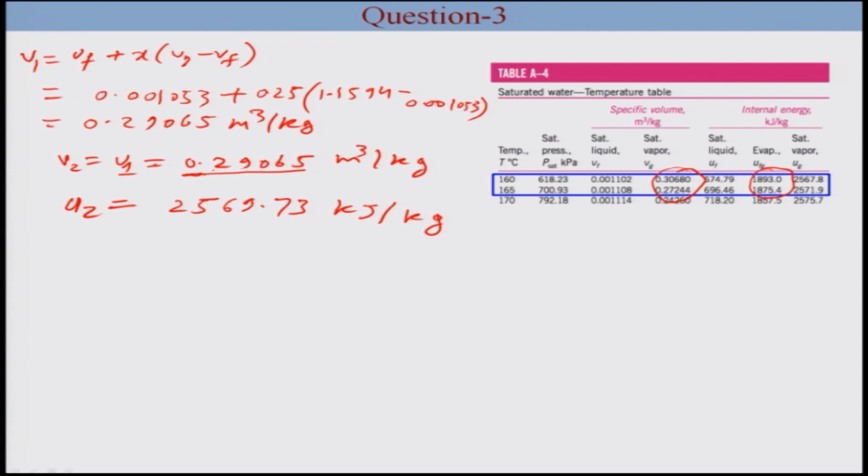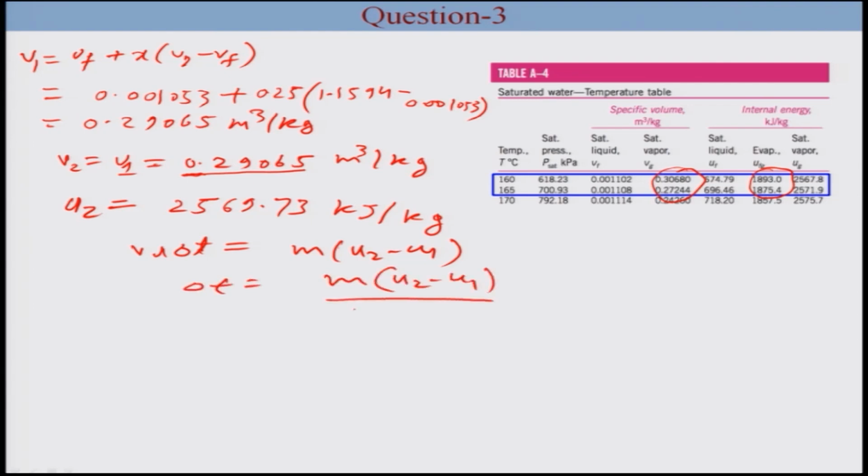So after plugging these values in the energy balance, which is V I delta t equal to mass times change in internal energy, delta t will be equal to m (U2 minus U1) upon V into I. So after putting these values, m is 2 kg, it is given, U2 is 2569.73 minus 980.03 upon 110 volt into 8 ampere.